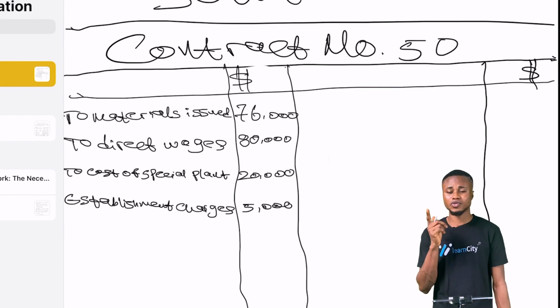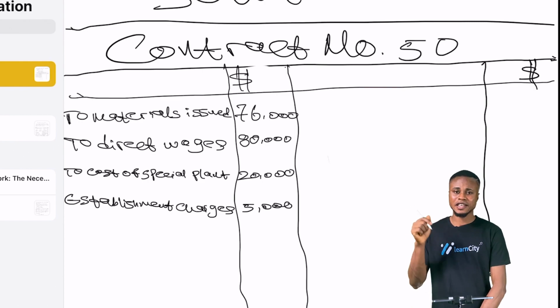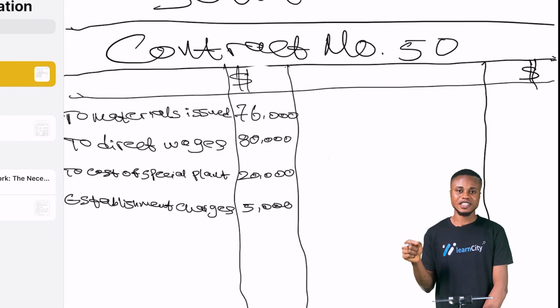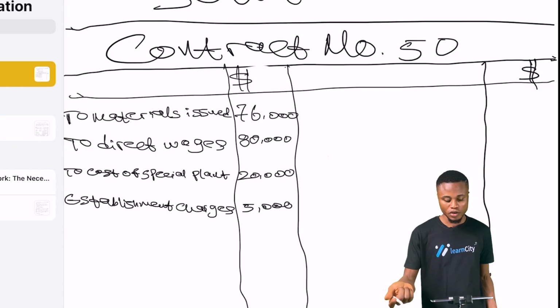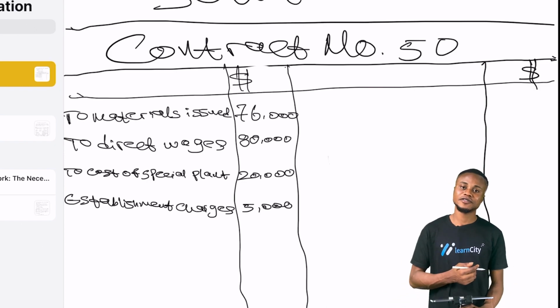And remember, the question also said that we should prepare the contractee's account. So if you credit something out from the contract account here, definitely it will appear in the contractee's account on the debit side. So the credit side of our contract account, which is contract number 50.